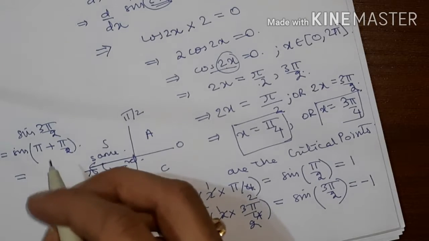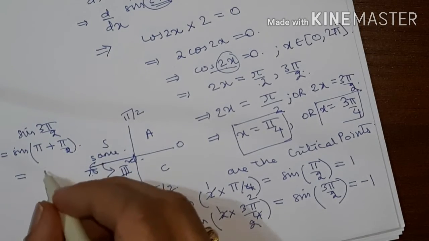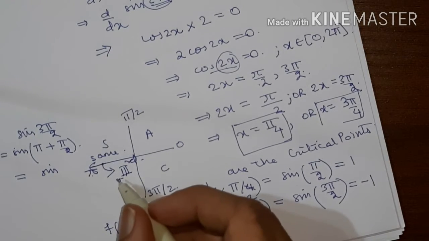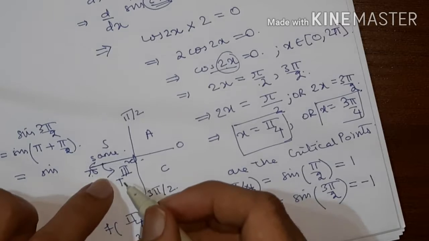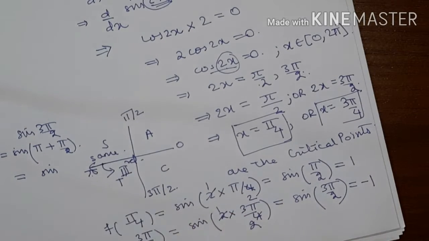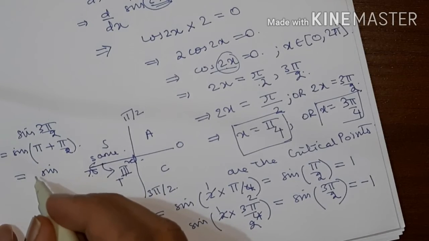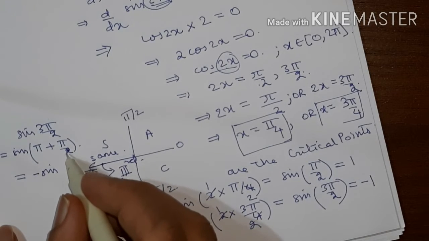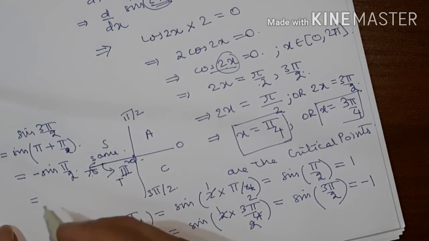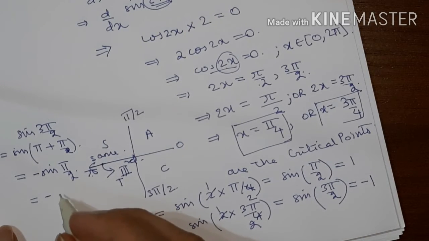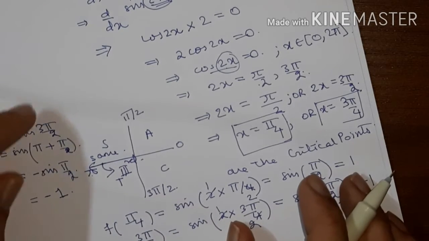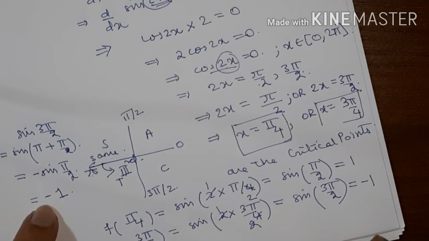So the ratio remains same, so you'll get sine, and here you have to know that tan is positive because of this t, and so cot is positive, the rest are negative, so sine is negative. So you'll get minus sine, and the angle without this sign is pi by 2. So minus sine of pi by 2, you know it is 1. So the value of sine 3 pi by 2 is minus 1.